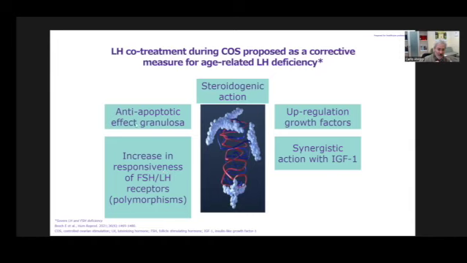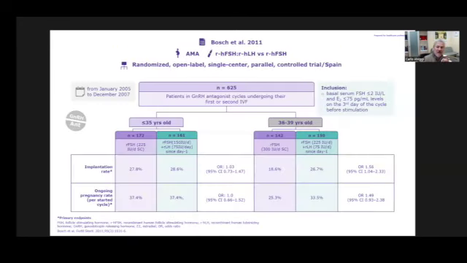But I would like to stress that the most important is the anti-apoptotic effect on granulosa cells. This is a trial I would like to show you. It's the only trial that, in my opinion, is very, very important. Here we have patients in clinical practice who were randomized to be stimulated with only recombinant FSH, or in the second group with a combination of recombinant FSH and recombinant LH.